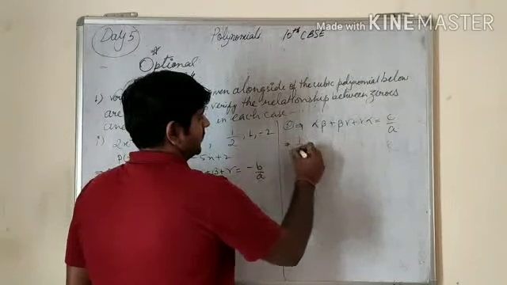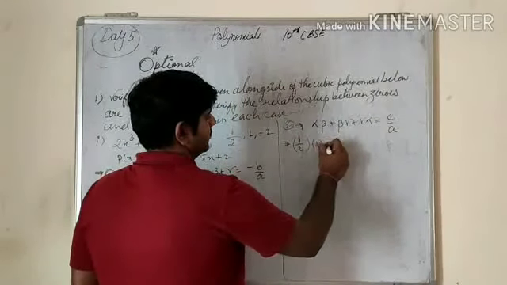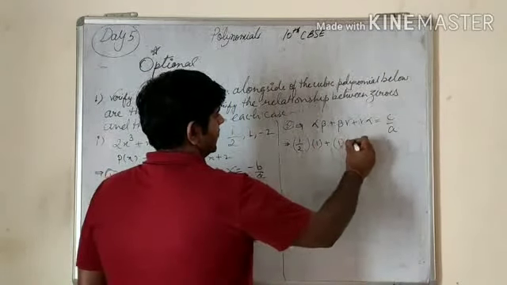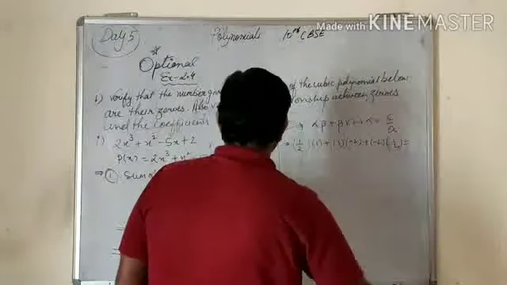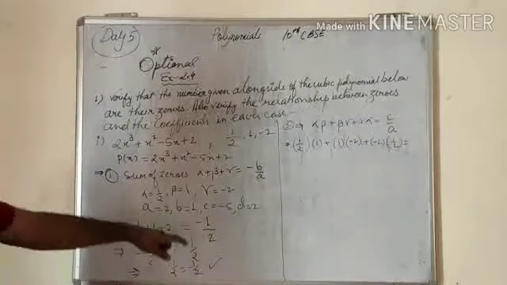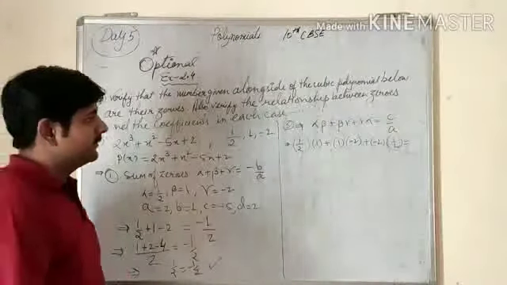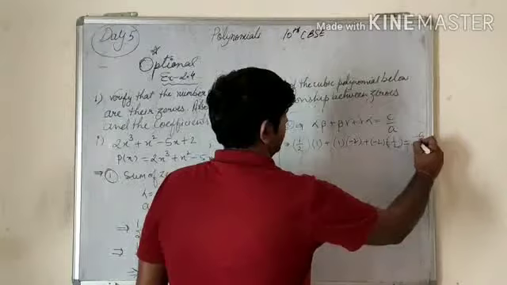Alpha is 1 upon 2, beta is 1, and gamma is minus 2, and minus 2 into half. And c is minus 5, and a is 2.